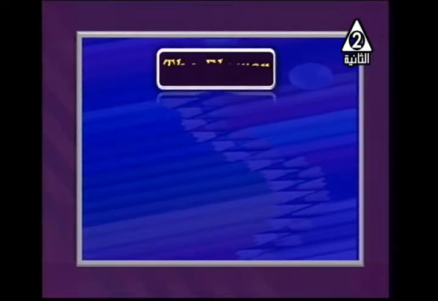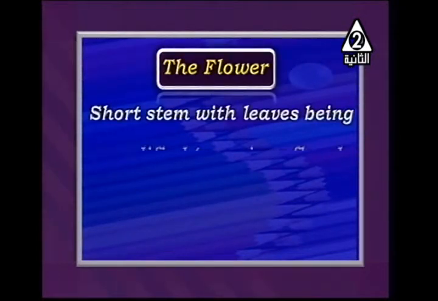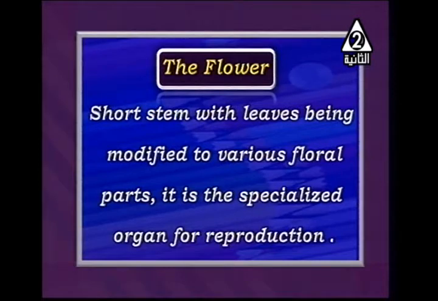Well, the flower is a short stem. Let me remind you about the flower. Do you know that sometimes people get confused between the meaning of flower and any other organ inside the plant? For example, if you have a cactus plant covered with spines, have you asked yourself before, where are the leaves of the cactus plant?